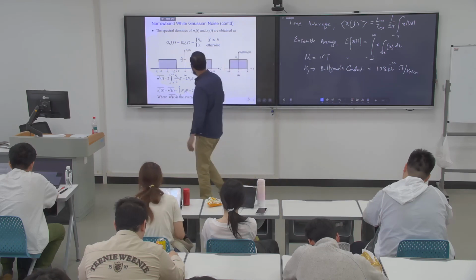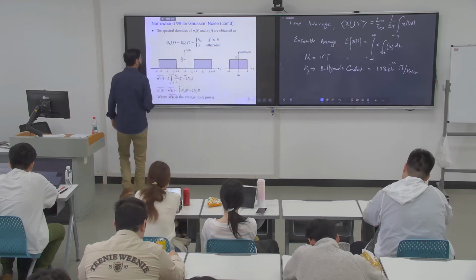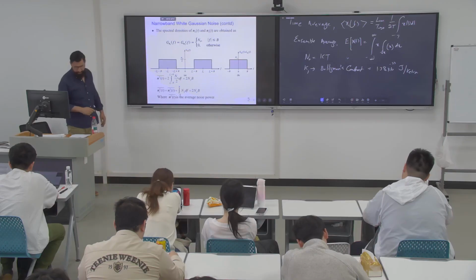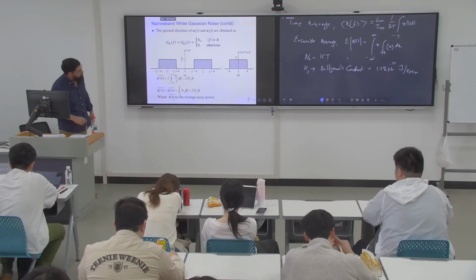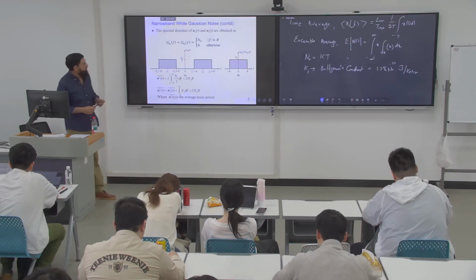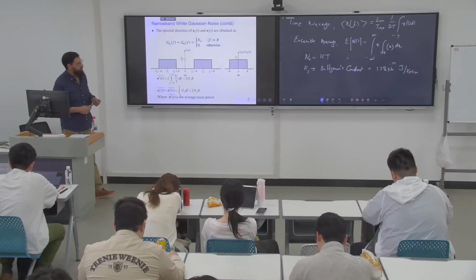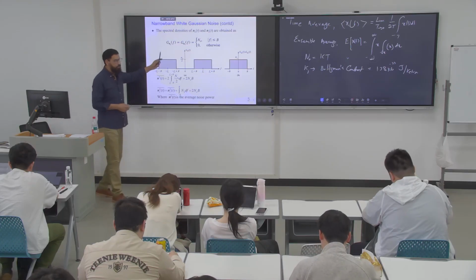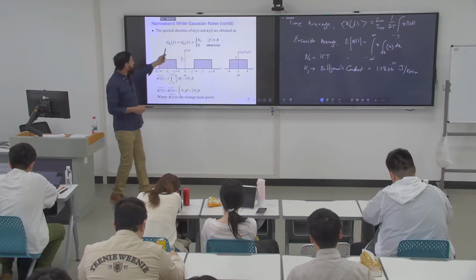Now, the spectral densities of NC and NS are obtained like here. G of NC is equal to G of NS, where C is the in-phase and S is quadrature.